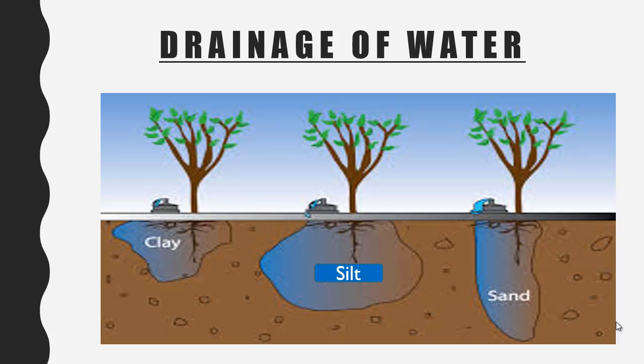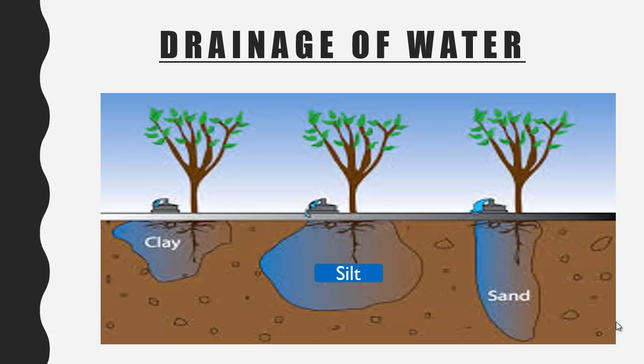Look at the silt soil. The drainage is medium, not very fast and not very slow. In the clay soil, we can say that the drainage is slowest.